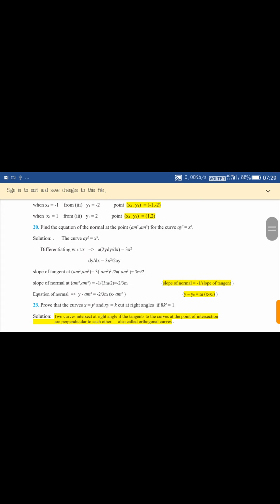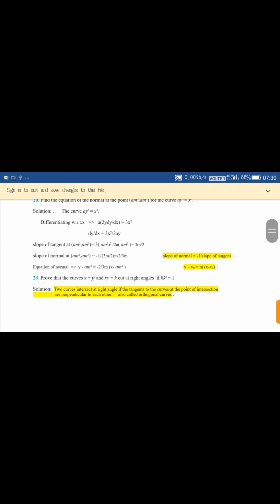Here question number 20 in the exercise: find the equation of the normal at the point (am², am³) for the curve ay² = x³. Here we have the curve ay² = x³.